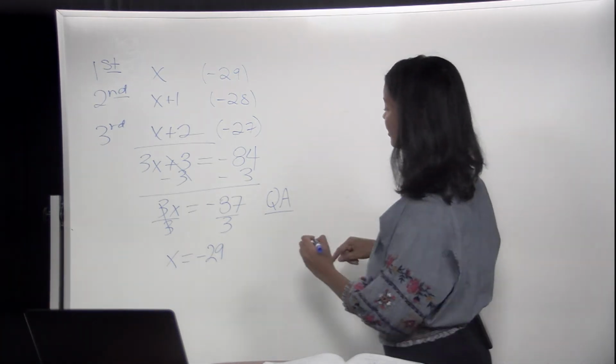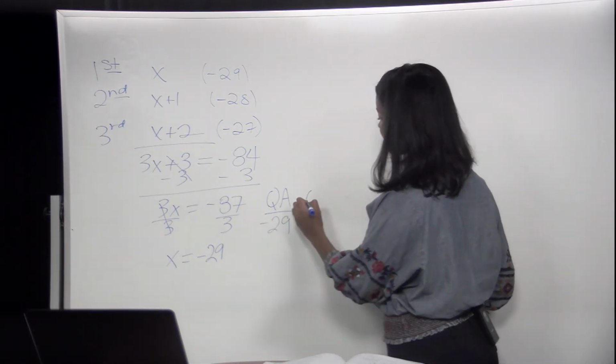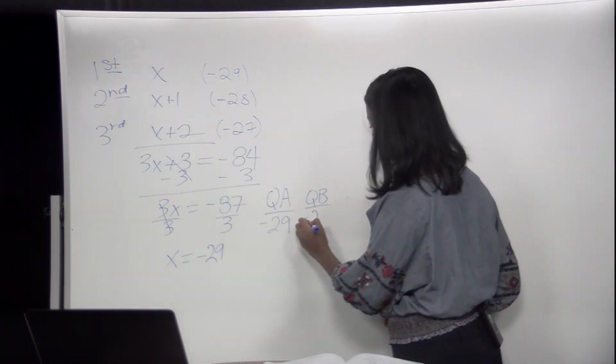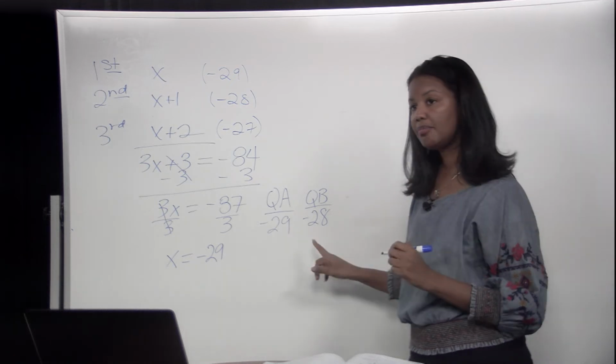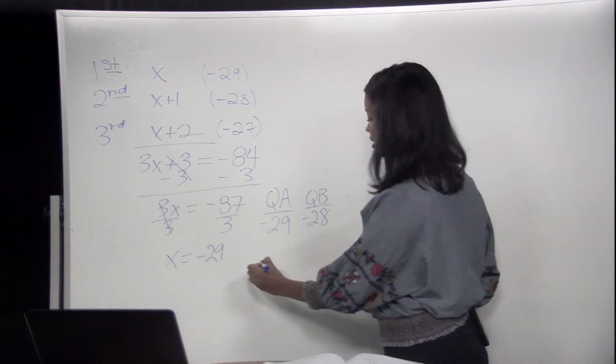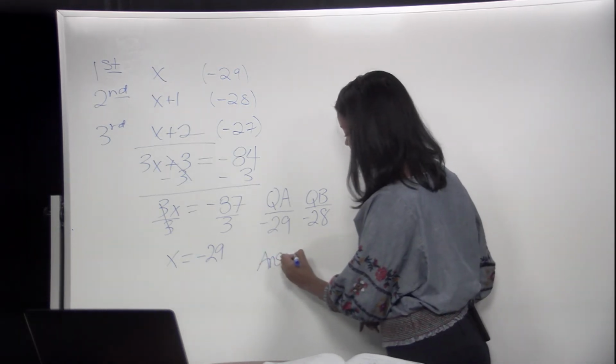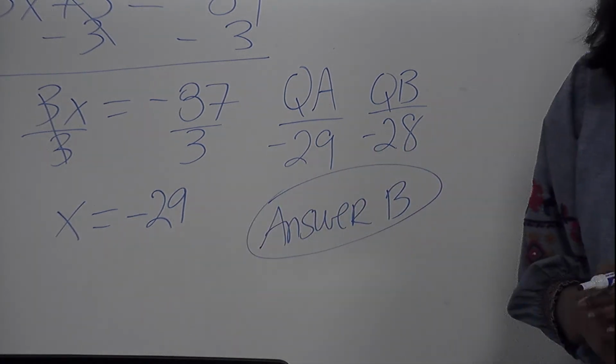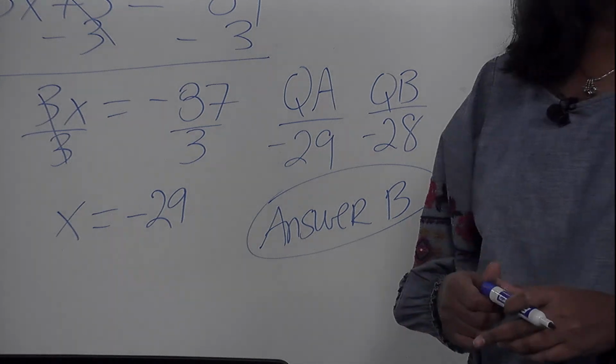We know the least is negative 29. Compare that to QB, which is negative 28. And now we see that B is greater than A, right? So our answer would be B. Negative 28 is greater than negative 29, so we choose choice B.